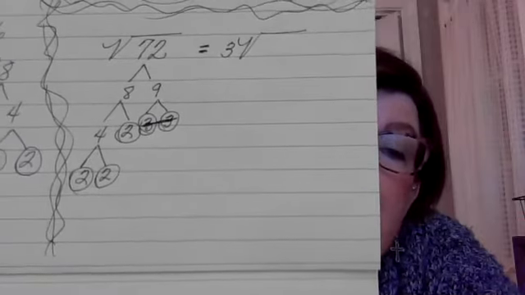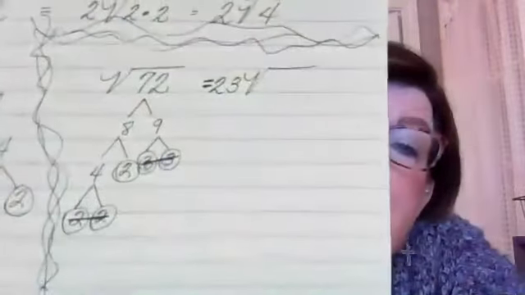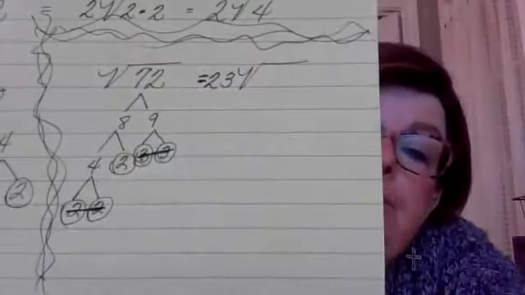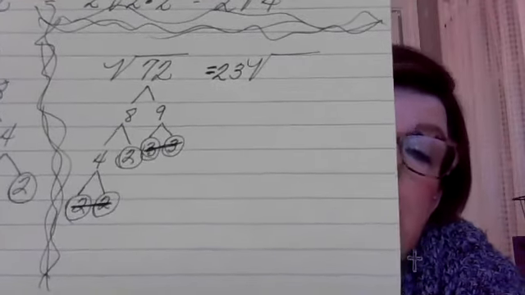But if you look down there, the 2s have also found a group. They found a partner. And they get to go out front. Do you see? And then there's the leftover 2 that has to stay home.